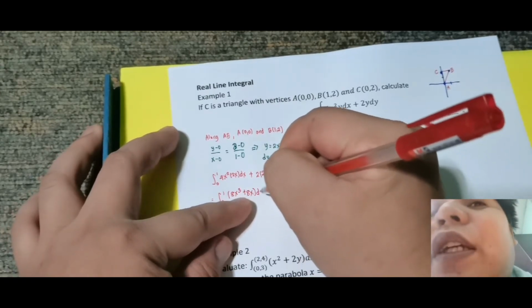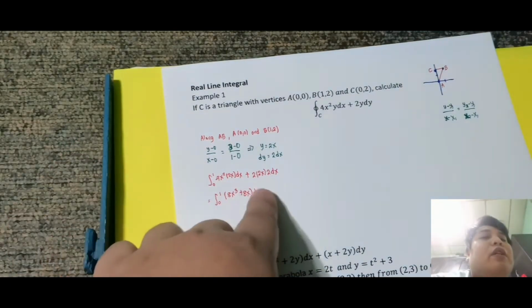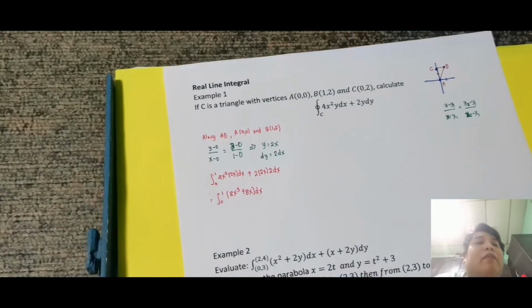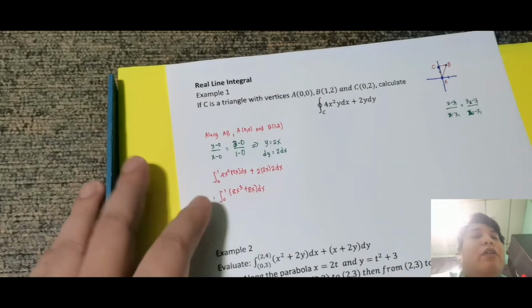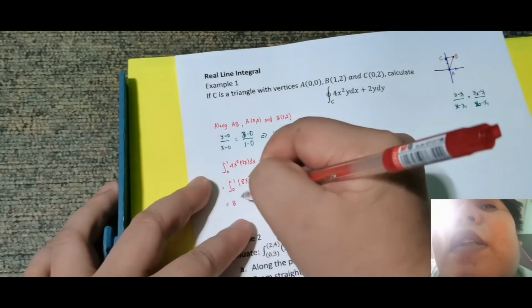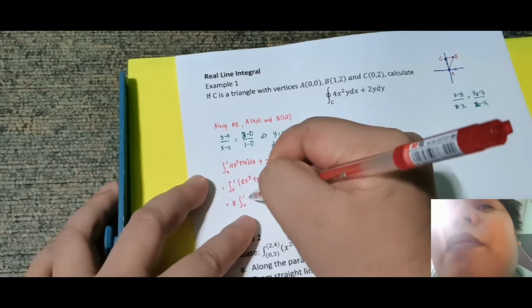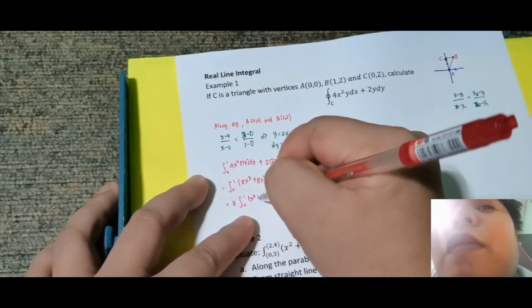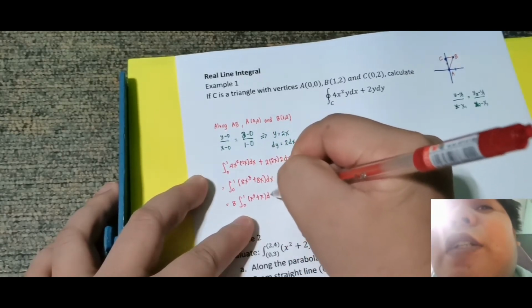Tapos, ilalabas ko na yung dx. Sir, ba't nilabas mo? Pinactor out ko na yung dx since i-integrate din naman natin sila. Okay, next is syempre, factor out ko lang yung 8 para mas madali yung integral. So, this is 8 times the integral from 0 to 1 ng x cube plus x dx.